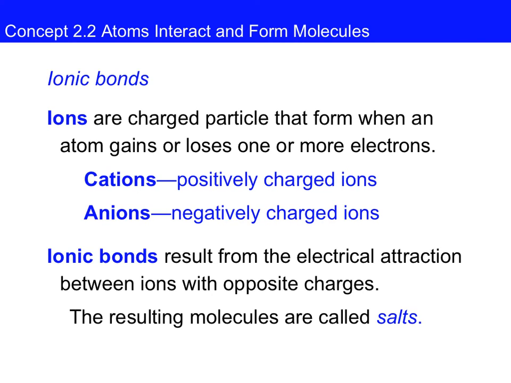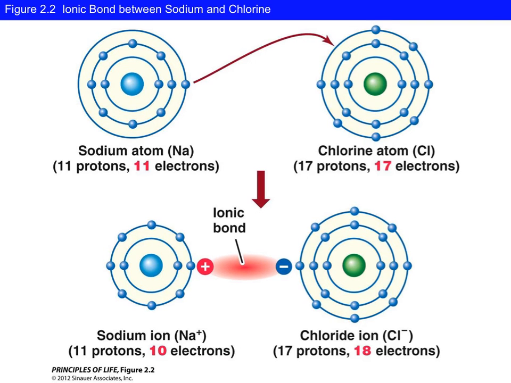Ionic bonds are formed between two ions that are electrically attracted to one another. As I already said, a sodium atom has an extra electron in its valence shell. Because the chlorine atom needs one, the sodium is going to donate its electron to the chlorine atom and make it into a chloride ion.